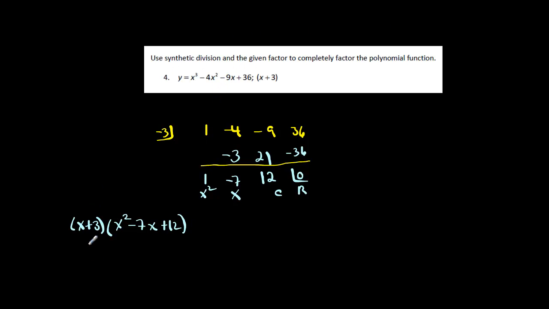So what we can do now is we can factor this out. X and x, same signs, both of them are negative. Two numbers that multiply to give you 12 and add to 7, that's 4 and 3. So that's your complete factorization of it.